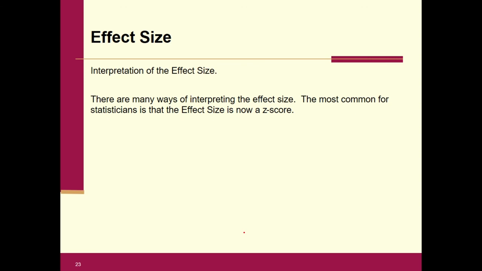Now, in looking at textbooks, there's a whole bunch of different ways of interpreting effect size, but the most common way for statisticians is that the effect size is now a z-score. So for example 1, the effect size was 1.